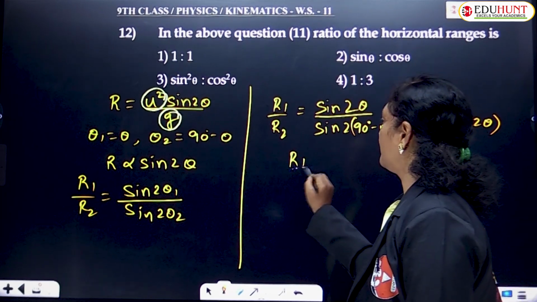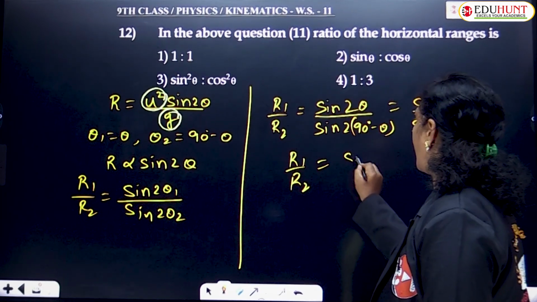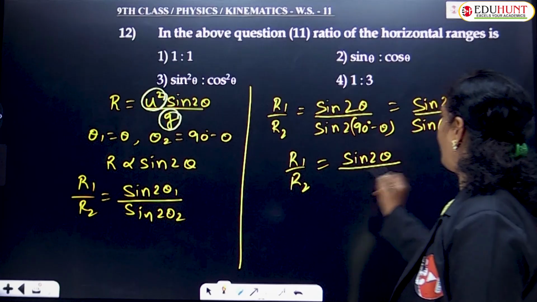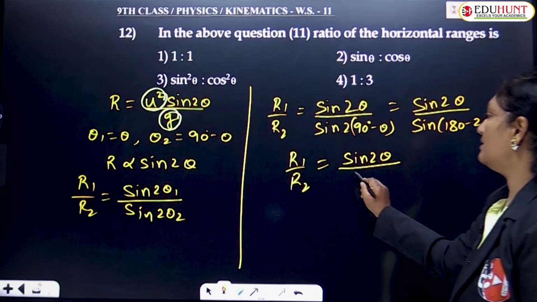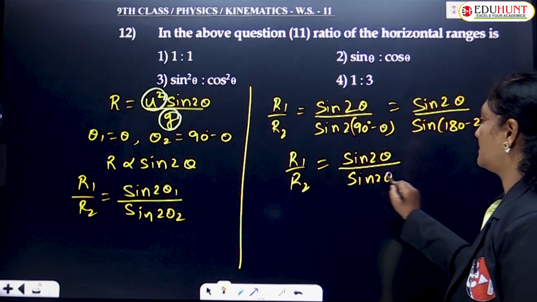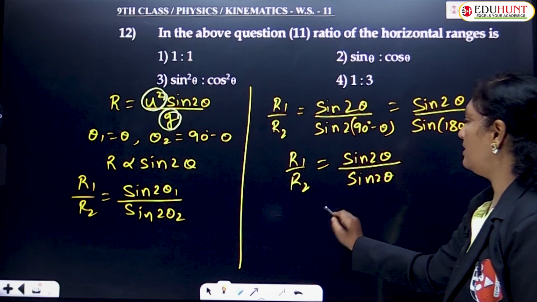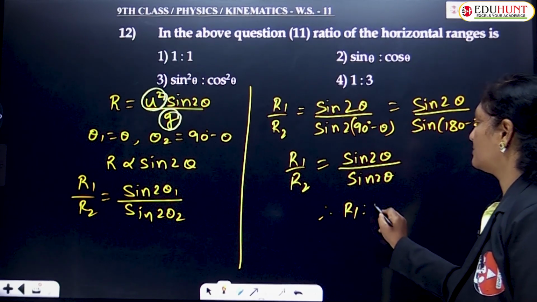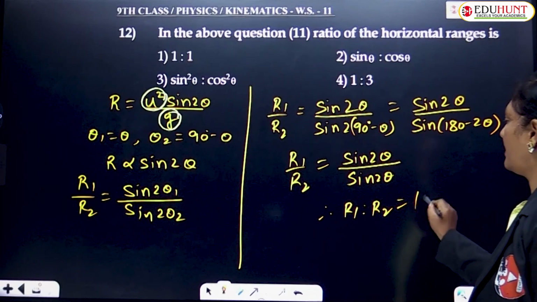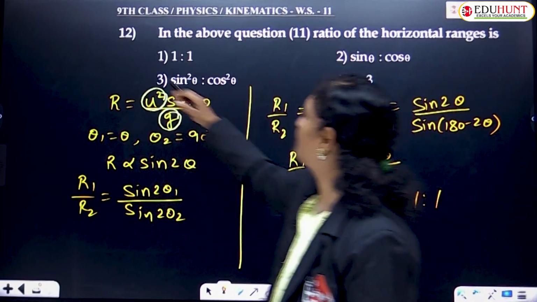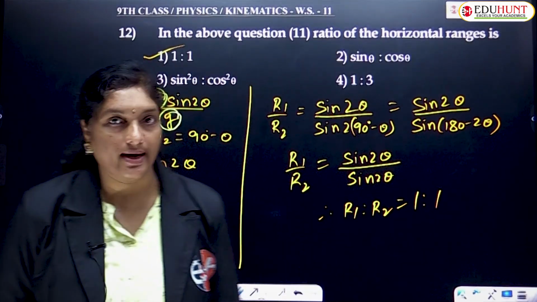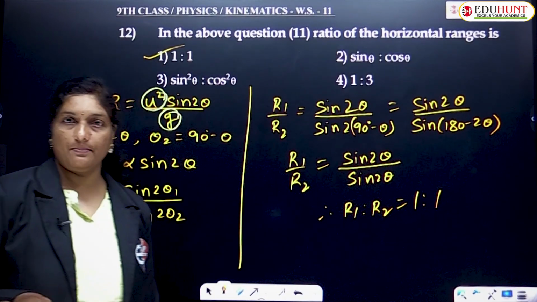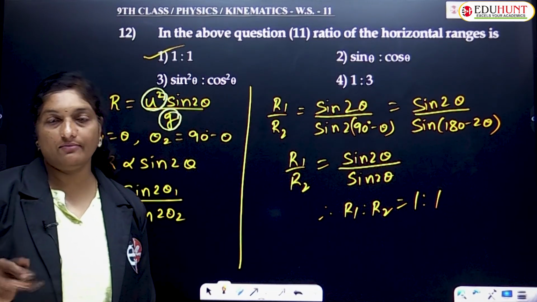Therefore, R1 by R2 is found to be sine 2 theta upon, as I have already discussed, sine of 180 minus 2 theta is again sine 2 theta. So they cancel. Therefore, the value of R1 is to R2 is found to be 1:1. So option number 1.